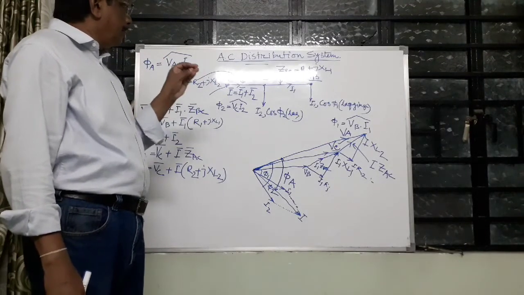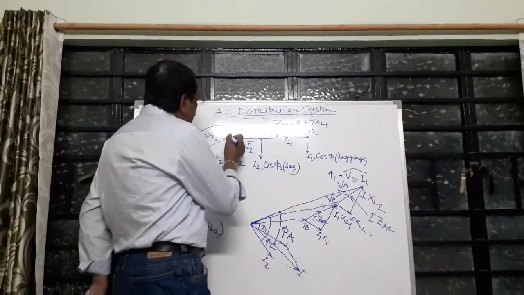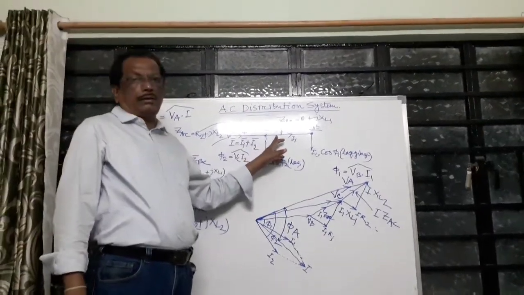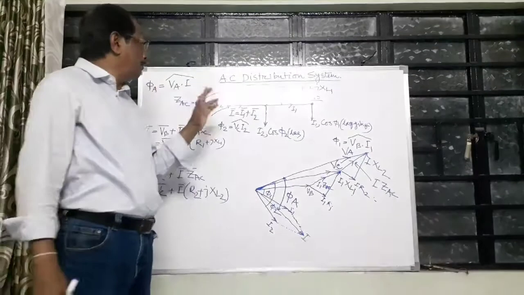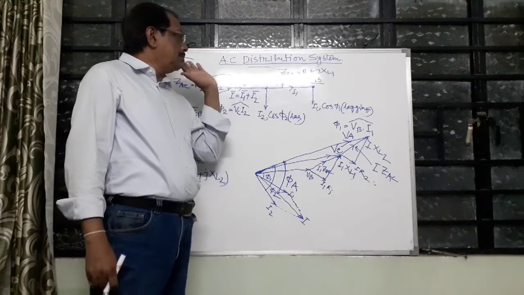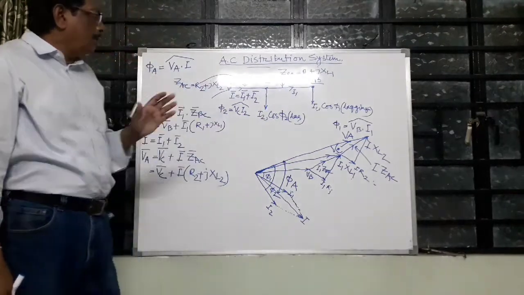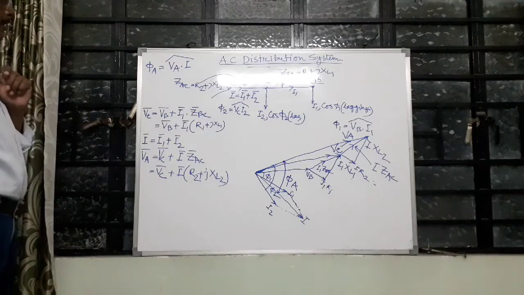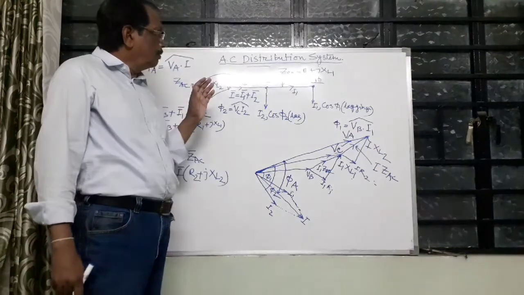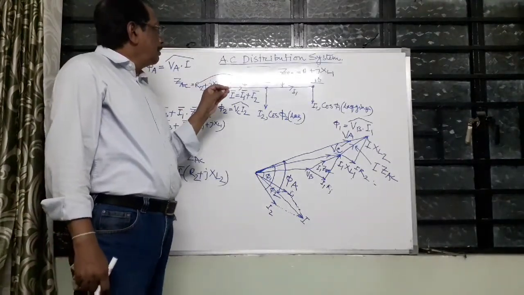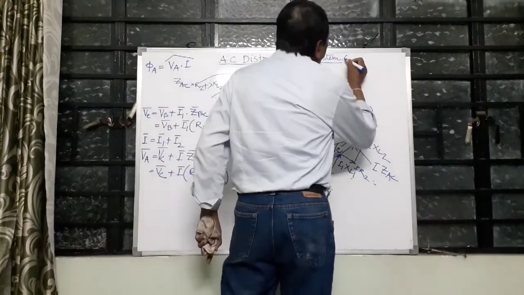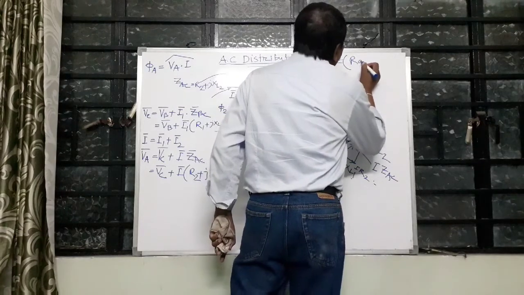This is a single line diagram; actually there are two conductors, one phase and the other neutral, but for mathematical simplification we draw the single line diagram. This AC distribution is called the radial system.